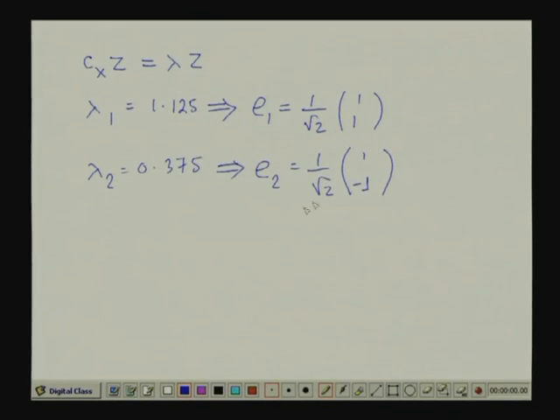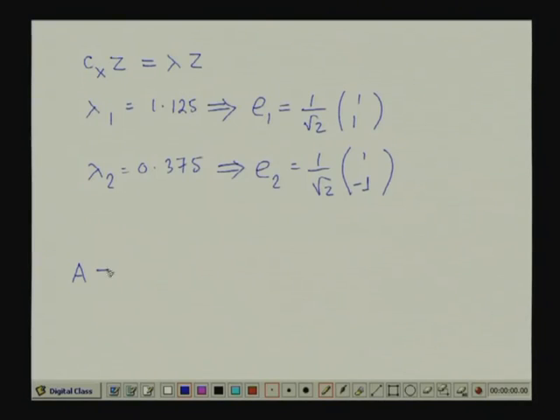Once we get these eigenvectors, we can formulate the corresponding transformation matrix. As we said, we get the transformation matrix A from the eigenvectors of the covariance matrix C x, where the rows of the transformation matrix A are the eigenvectors of C x, such that the first row is the eigenvector corresponding to the maximum eigenvalue, and the last row is the eigenvector corresponding to the minimum eigenvalue.